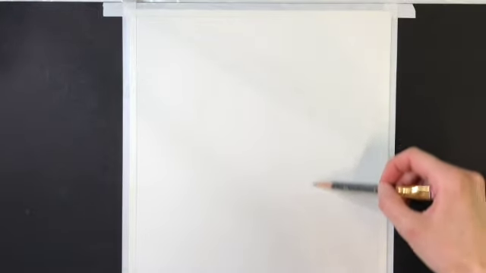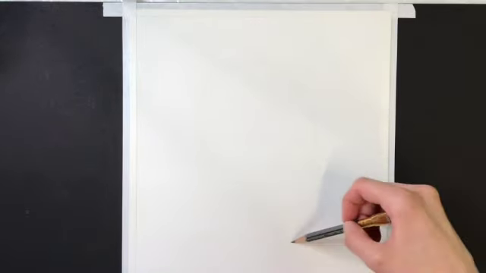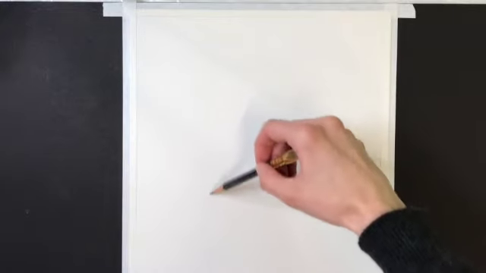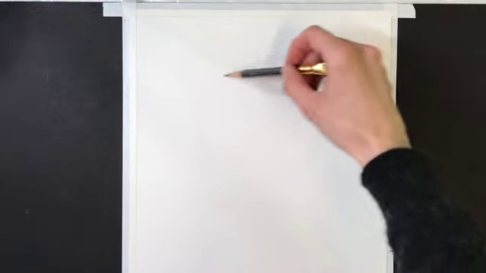So we're starting off with gauging the mass shapes and keeping them fairly abstract.